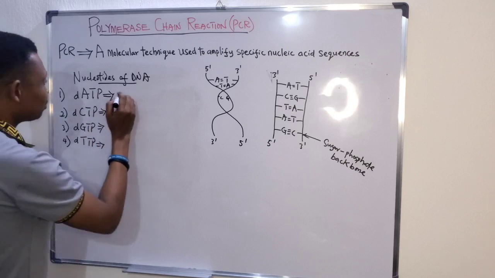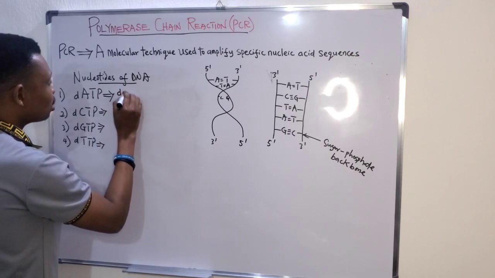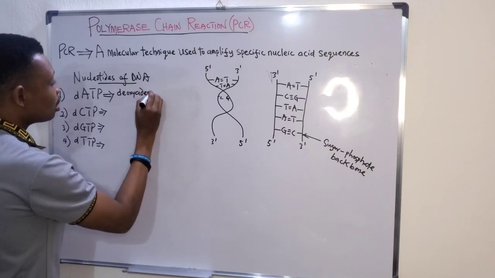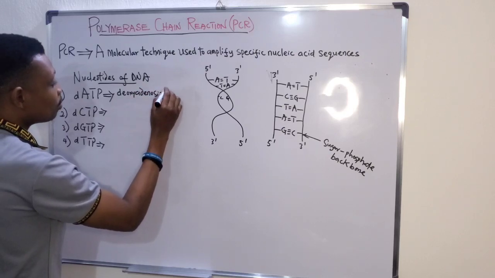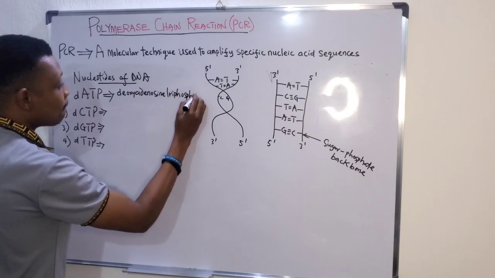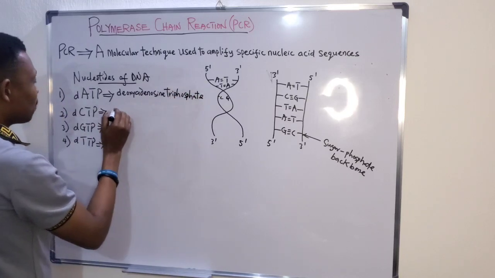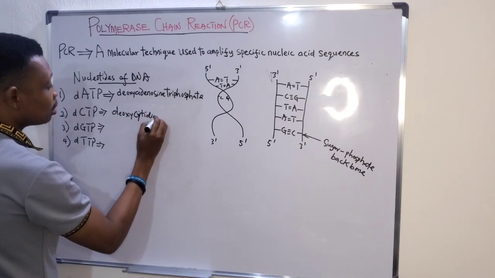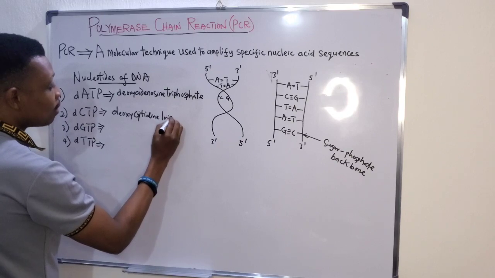So this is deoxyadenosine triphosphate. And then this is deoxycytidine triphosphate.